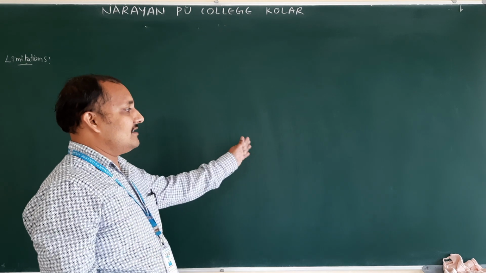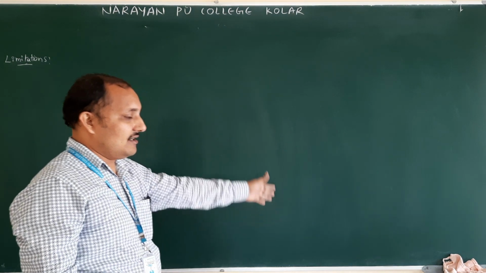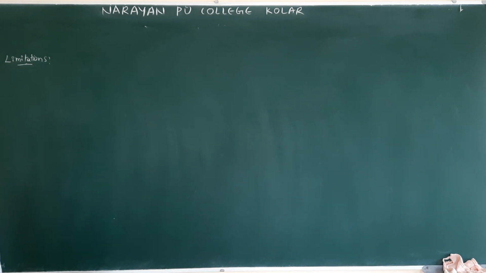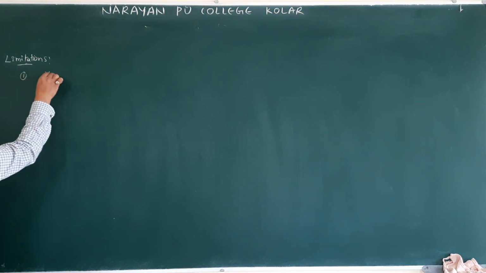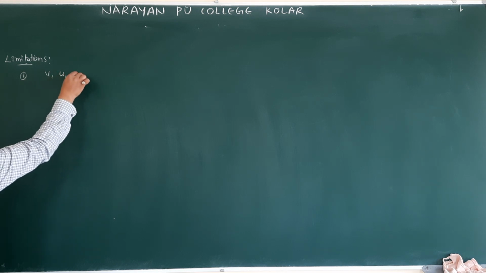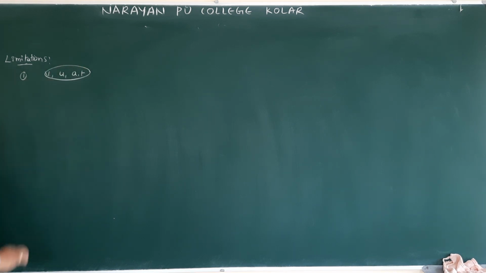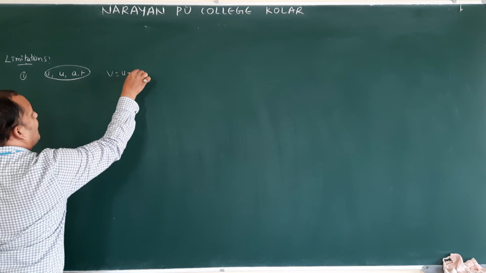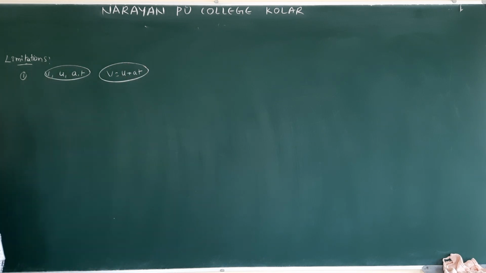Now, we discussed the last application, where we got a relation between physical quantities. First I am giving an example, later I will explain. After the relation between V, U, A, T, you can't get the relation V is equal to U plus AT.